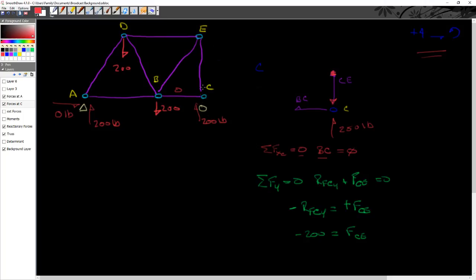So let's go ahead and draw that right here, and we'll put that onto our master diagram for the forces layout. So what I've got is 200 pounds going down. So that means it's in compression, pushing down. So compression there. Pretty straightforward. So what we've done is we've summed all the forces at C.